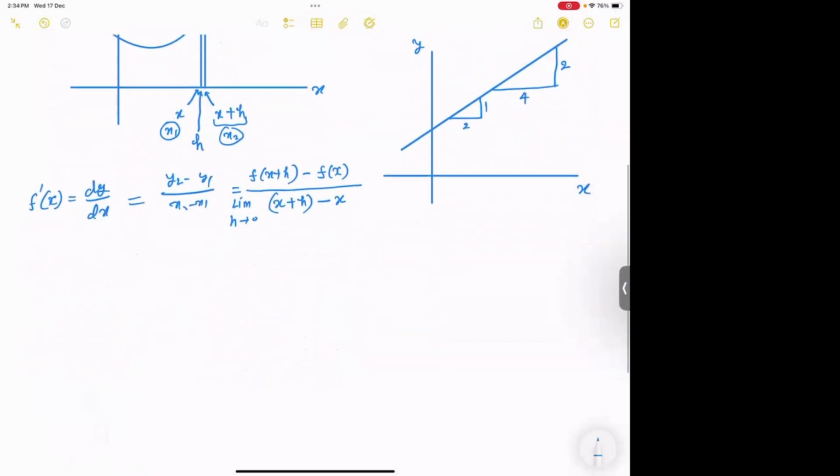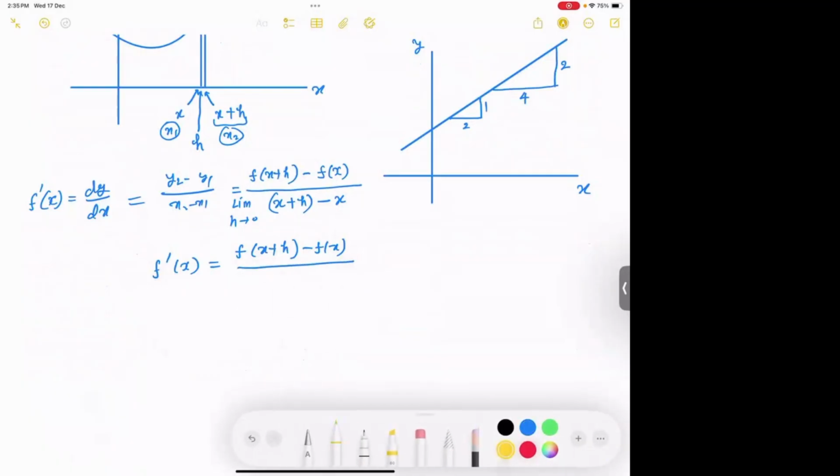Yeah. So the derivative, we can write simply as instantaneous rate of change, which is f(x plus h) minus f(x), divided by, and you can see this x is cancelled by this x. It's subtracted.